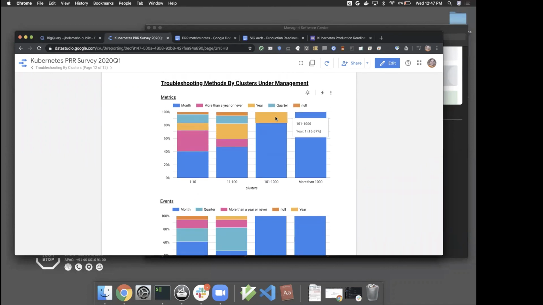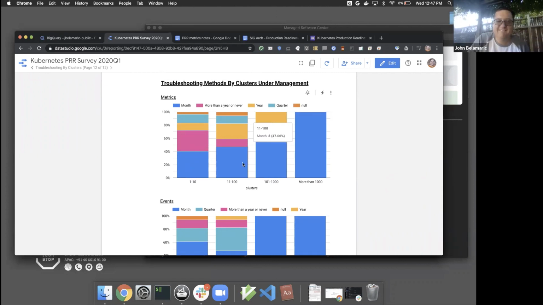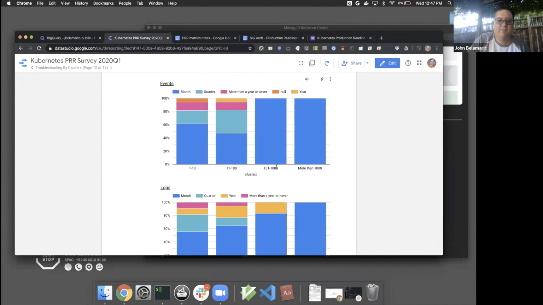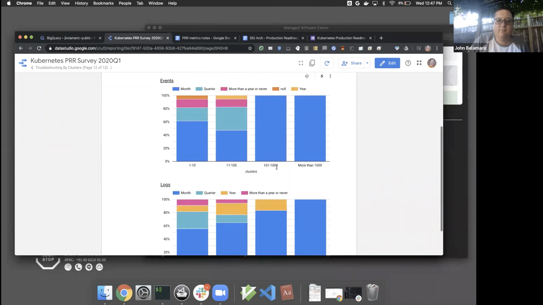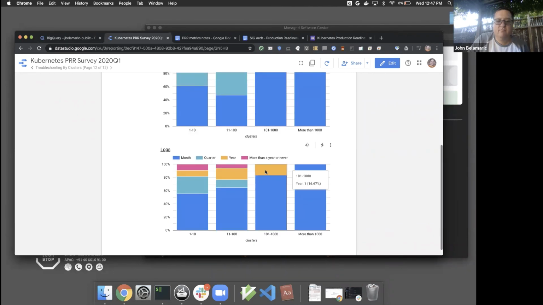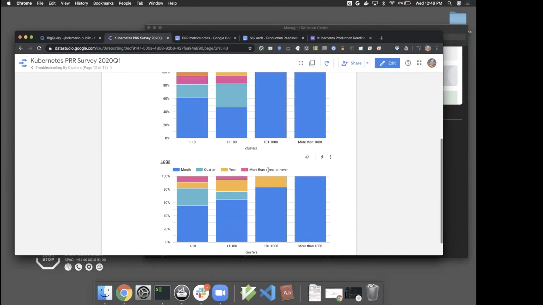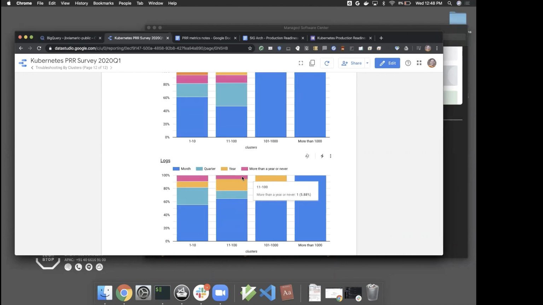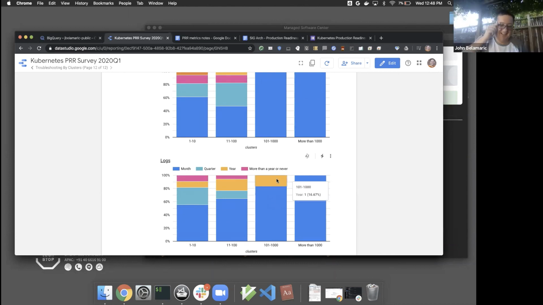Lucky guy, his clusters just work. Apparently that person's clusters just work, because look, they don't use logs either. He is probably the guy with the oldest cluster on 117. Probably.